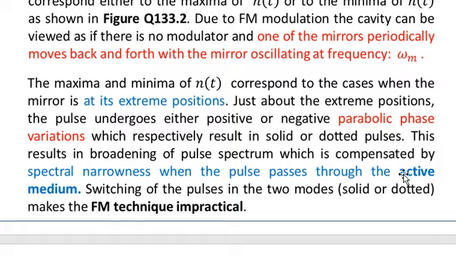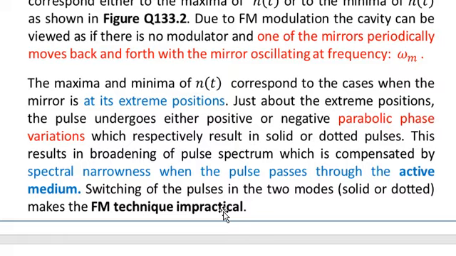So the active medium does the compensation: it narrows down the pulses slightly and compensates the broadening due to the parabolic phase variations. The switching of the pulses in the two modes, solid or dotted, makes the FM technique impractical.